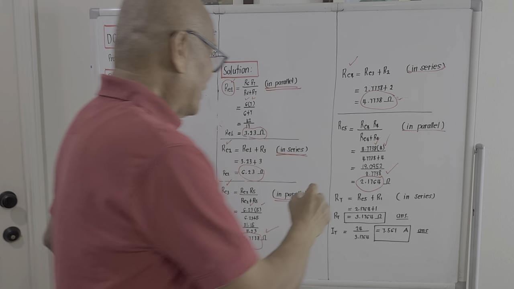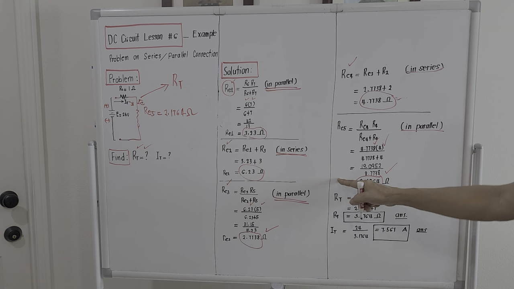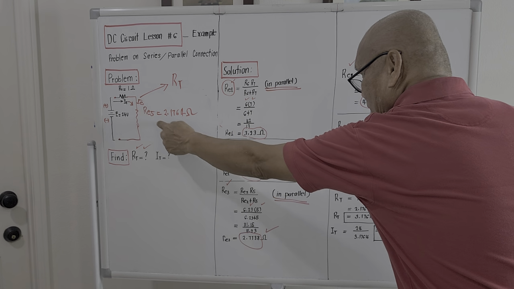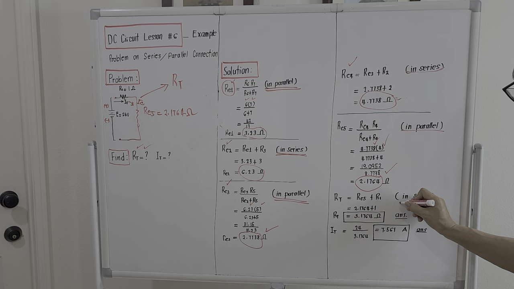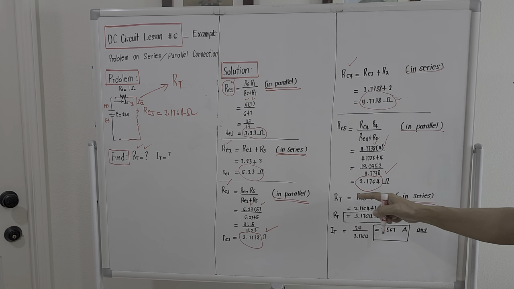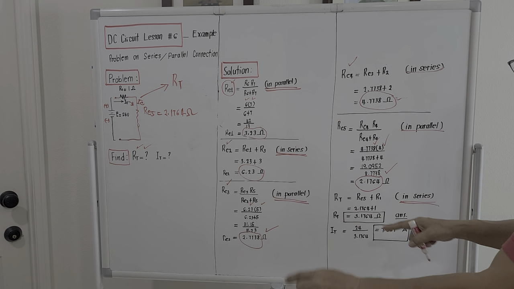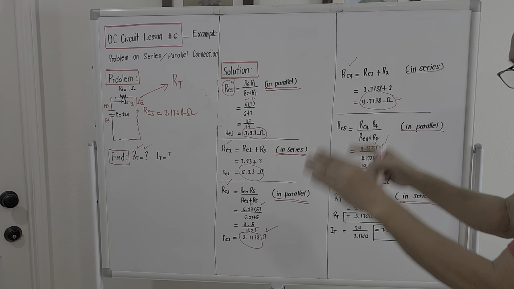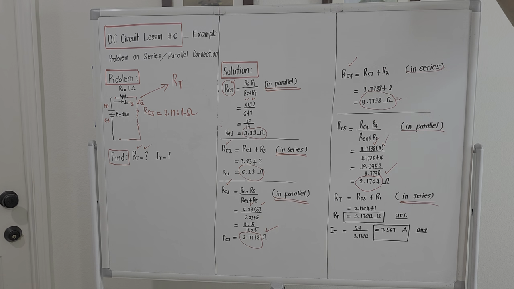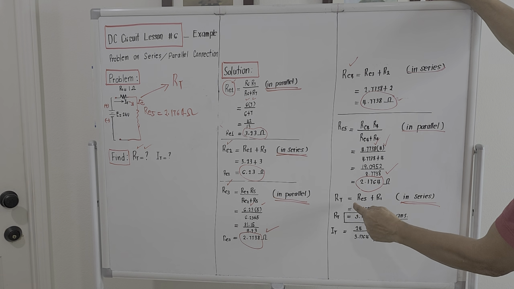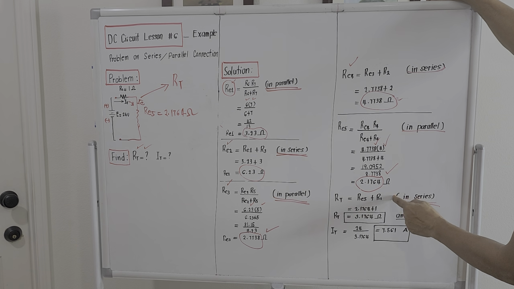So R total here is RE sub 5 plus R sub 1, since the connection is in series. And the summation of RE sub 5 plus R sub 1 is actually R total, the single equivalent resistance of the entire circuit. If we try to simplify, or substitute rather, this should be 2.1764 plus 1.